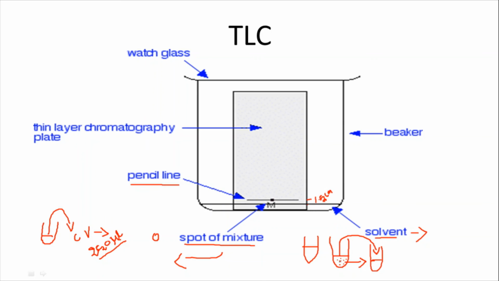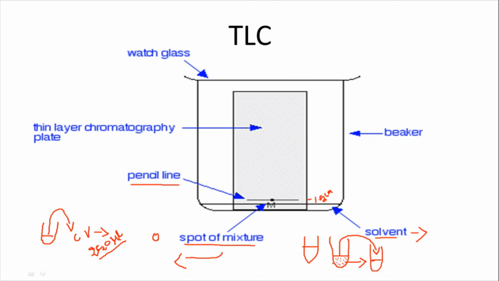Suppose you are not attaining the saturation level of the mobile phase, it may affect the rate of migration and it may not obey the capillary action.